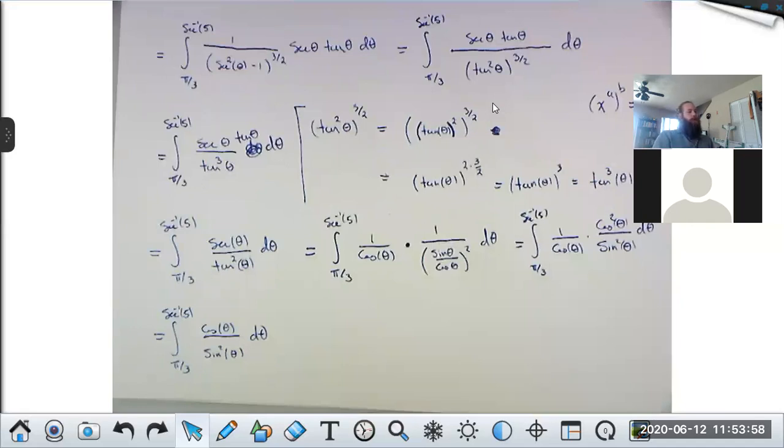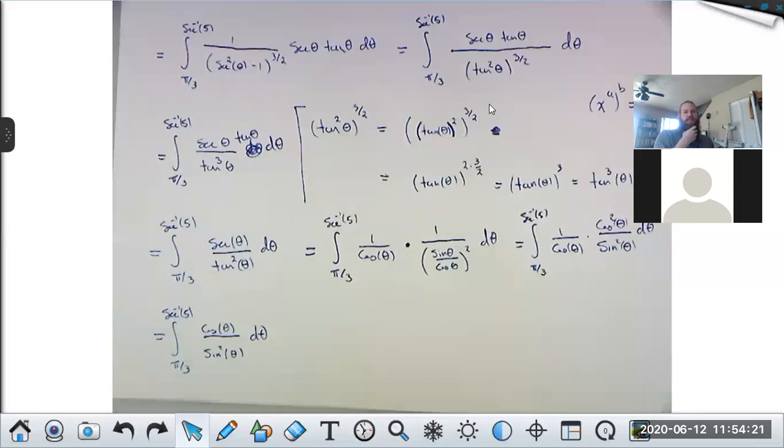Does anybody else see another way to tackle this? U sub will work. Sine squared is the same as 1 minus cos squared, but that wouldn't be as nice.